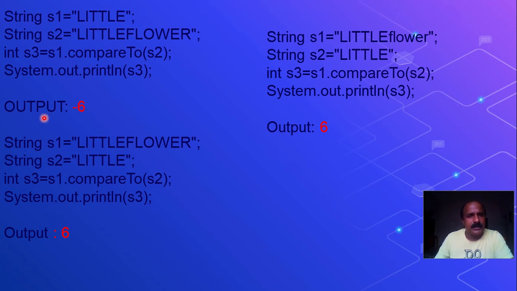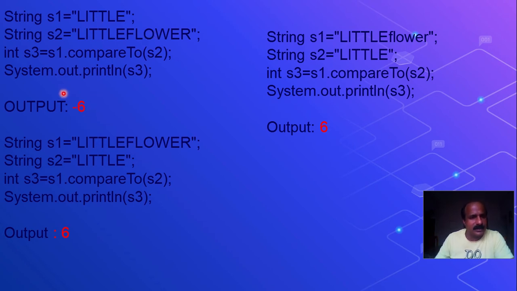The comparison will go on the same. Since the characters are same, it's reaching here. Now, whatever the number of characters are extra, its number will be given as the difference. So this string is less than 6 characters when we compare with this one. That's why minus 6 came.